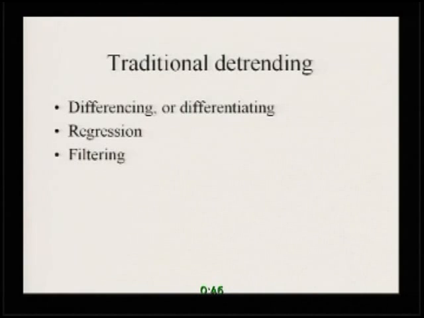Another way is filtering. I run a spectrum of the data. Then let's say frequencies lower than a certain value, I don't care. I only need those low frequency components.